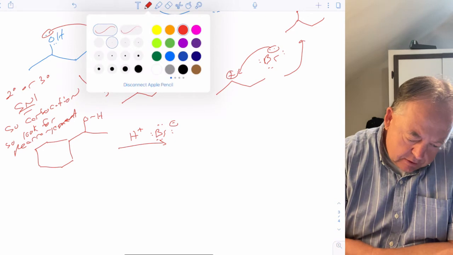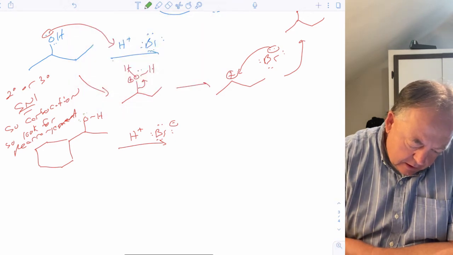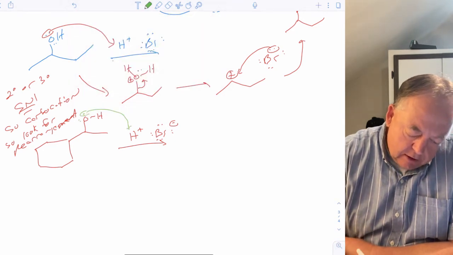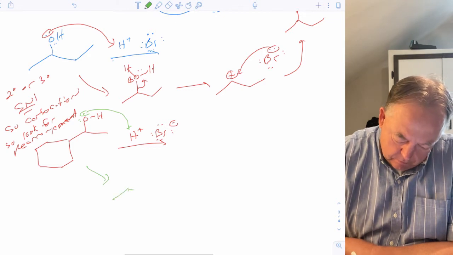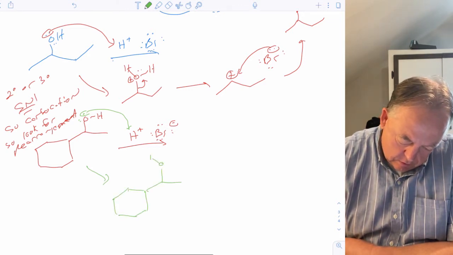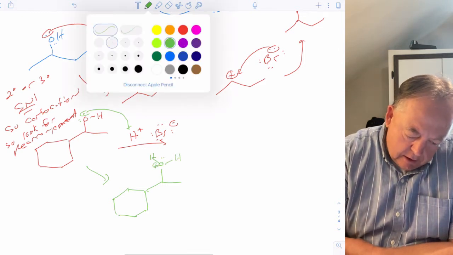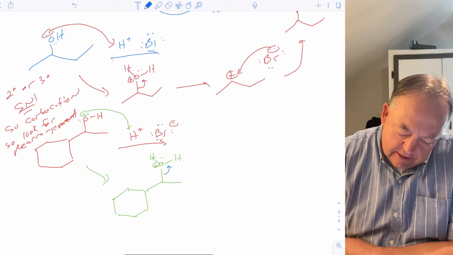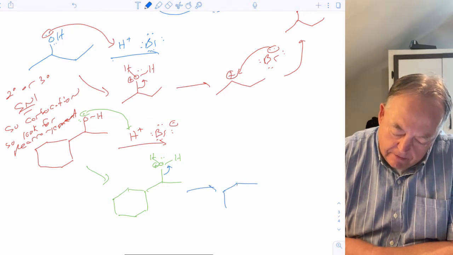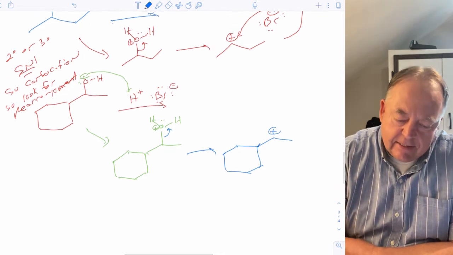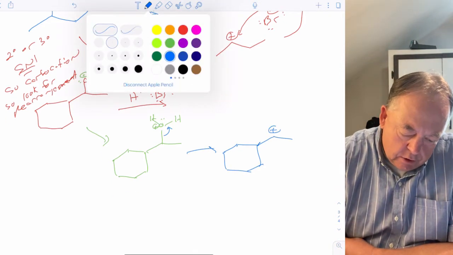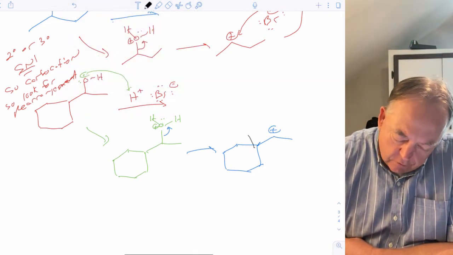So if we work through this mechanism, right, so you would protonate the alcohol, and then a water molecule can leave to make a secondary carbocation. And that secondary carbocation is going to undergo a carbocation rearrangement.